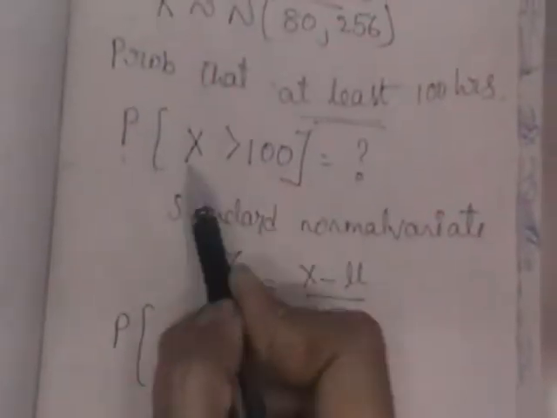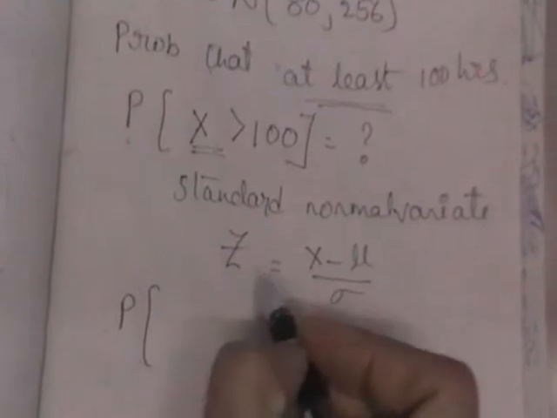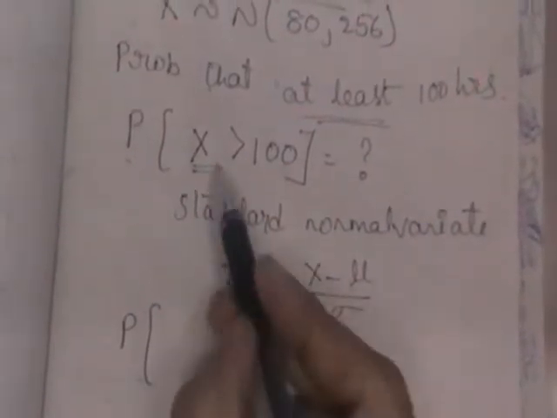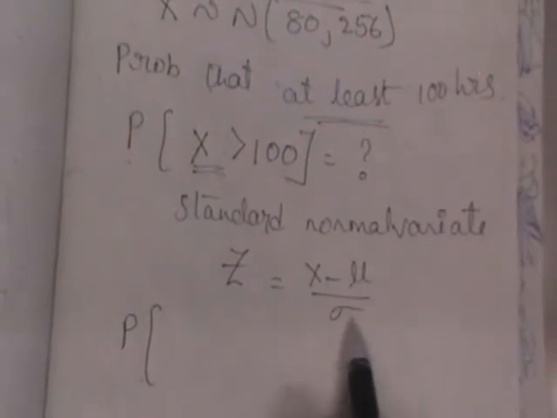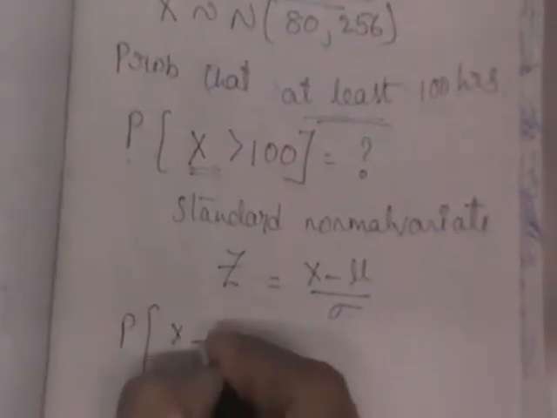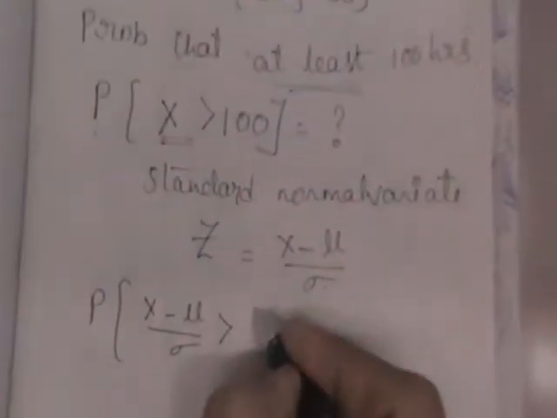So to find out this probability, this X should be converted into Z, which is called the standard normal variate. Then how can you convert this X into Z? You need to subtract mu and divide by sigma, means (X minus mu) by sigma. You cannot do it only on the LHS, you should do the same on the RHS also.